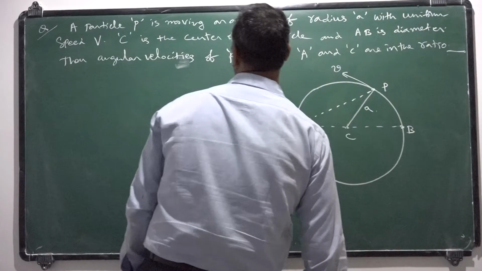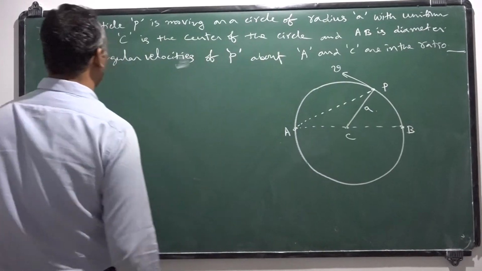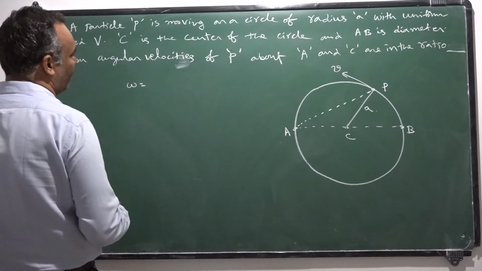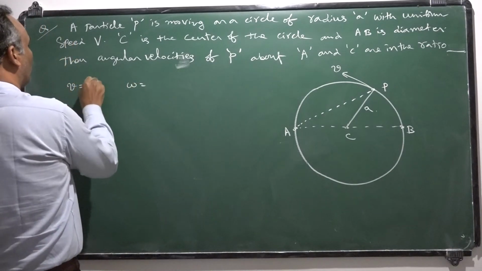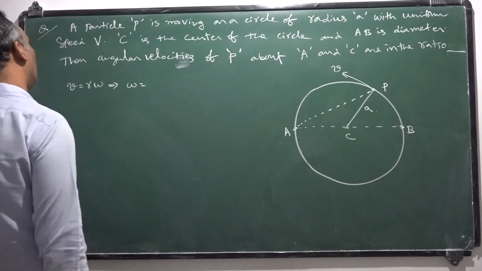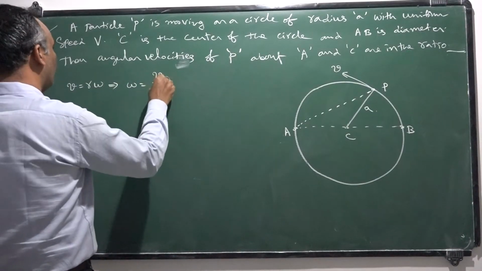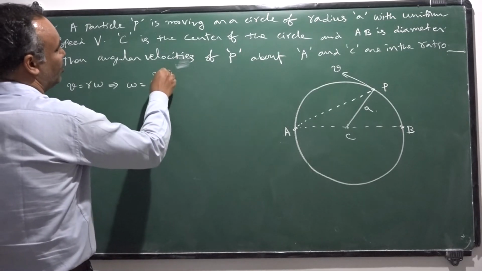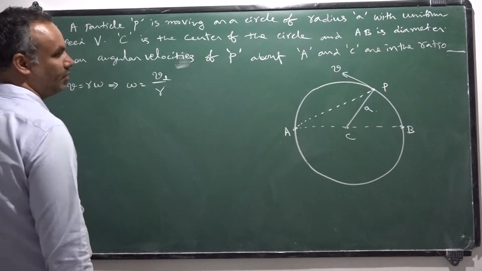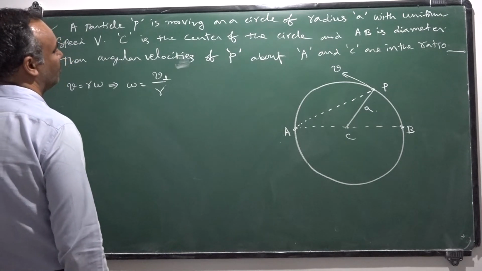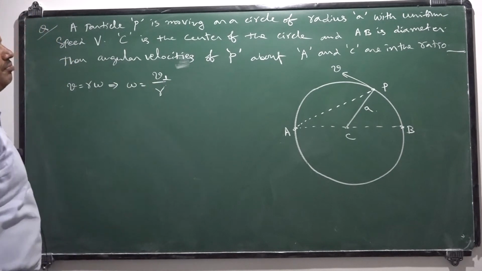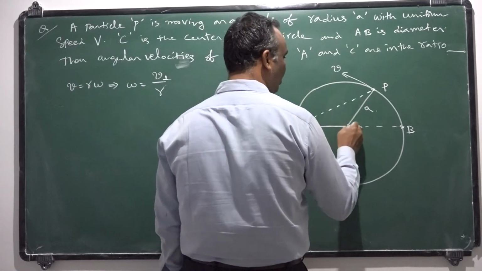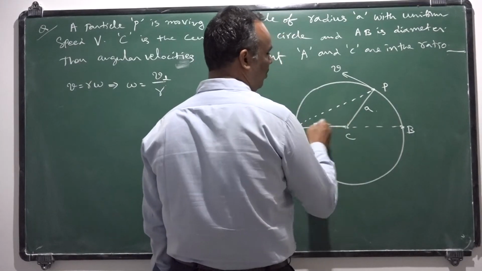We know that for angular velocity, V is equal to R omega, which implies omega is equal to V by R. Actually, this is a tangential or perpendicular velocity, and this is the radius. This is also a radius from here to here.